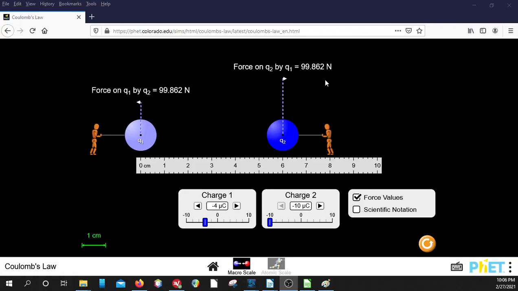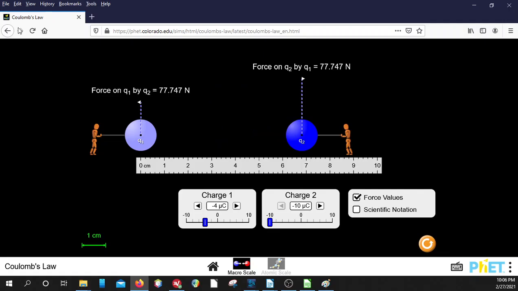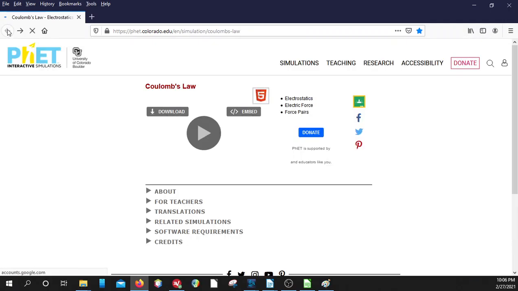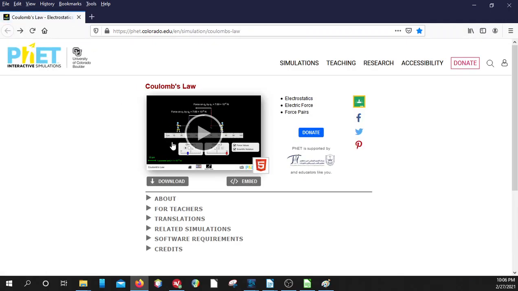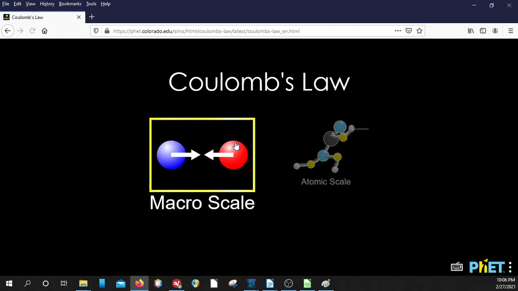Okay, so we're going to be looking at Coulomb's law, looking at the forces between these two charged objects. We can move the charges around. When we start this, it should have started from the beginning.